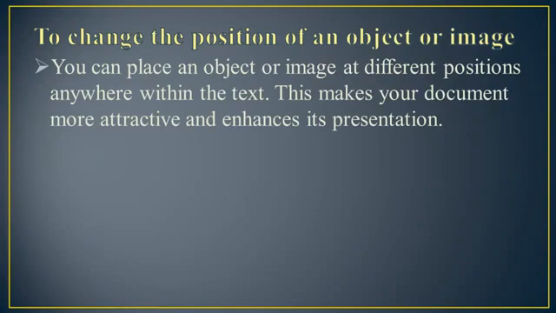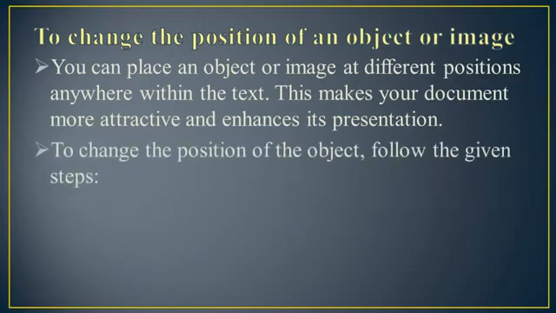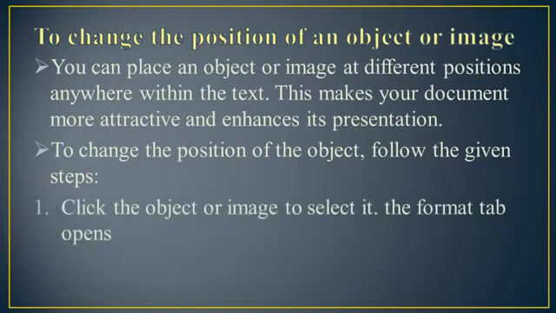If you want to change the position of an object or image, first of all, click the object or image to select it. The Format tab opens. Second one is click position, and third one is select the style.